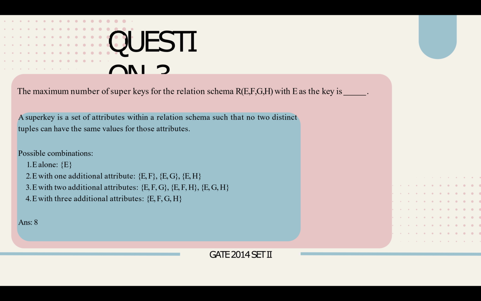So the possible combinations are E alone; E with one additional attribute: EF, EG, EH; E with two additional attributes: EFG, EFH, EGH; E with three additional attributes: EFGH. So the answer, the maximum number of superkeys for the relational schema, is 8.